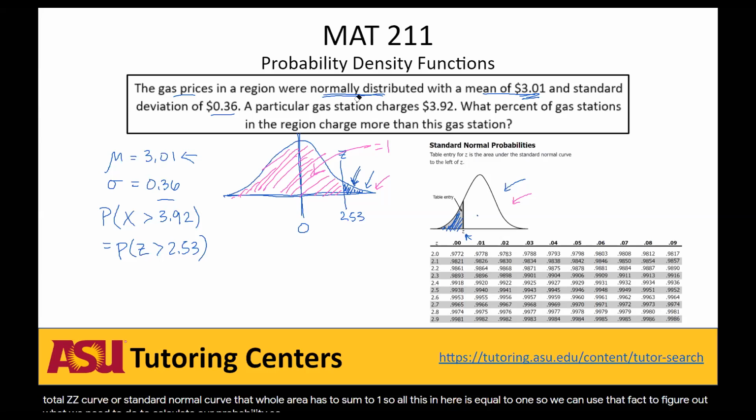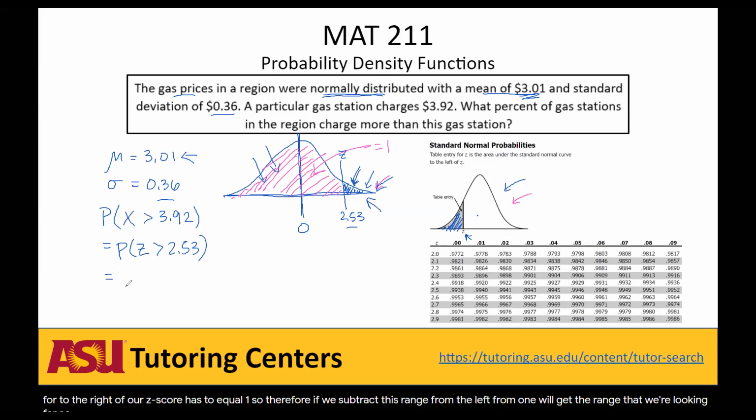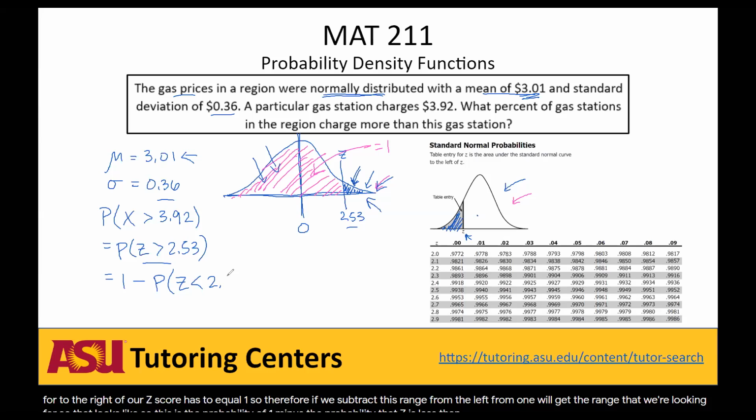If we look at this, we know that this range here to the left plus the range that we're looking for to the right of our z-score has to equal 1. So therefore, if we subtract this range from the left from 1, we'll get the range that we're looking for. That looks like the probability of 1 minus the probability that z is less than 2.53.